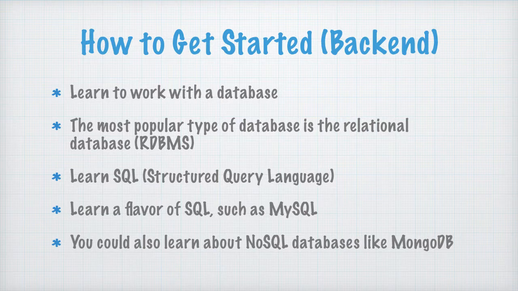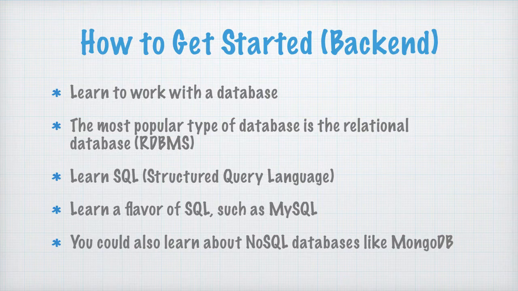So to sum it up, we learned about the technologies we have to learn if we want to get into web development. You can follow the front-end path or the back-end path, or you can do both. For the front end, you should learn three things. The first one is HTML, the second is CSS, the third one is JavaScript. For the back end part, you need to learn a popular programming language.